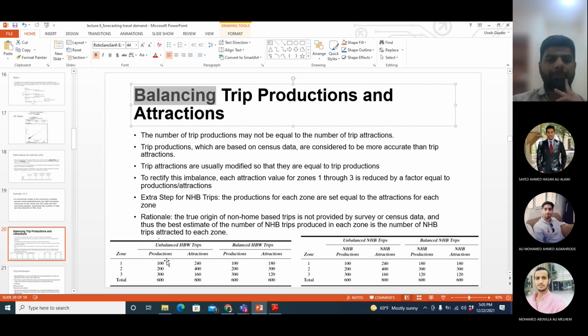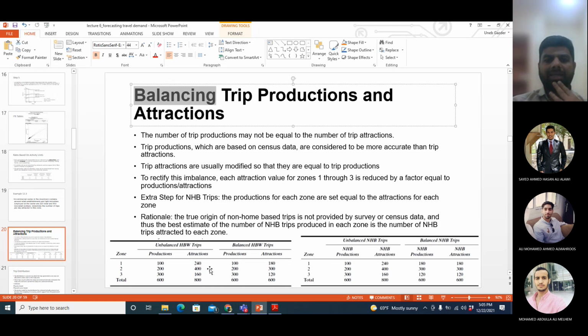Like I said, trip productions are considered to be safer, or more accurate, because they depend upon the household characteristics and the census data. So this will be considered more accurate, and we will try to change trips attracted.